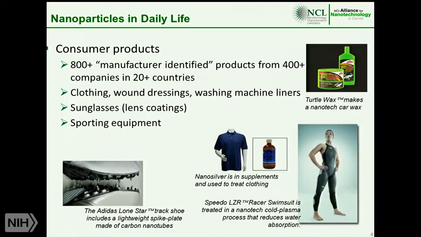There are a lot of nanoparticles in daily life. According to a literature survey, there are about 800 manufacturer-defined products from more than 400 companies in more than 20 countries worldwide that use nanoparticles in their products. Nanoparticles are included in clothing, wound dressing, washing machine liners. They're used as a lens coating in sunglasses, in sporting equipment.